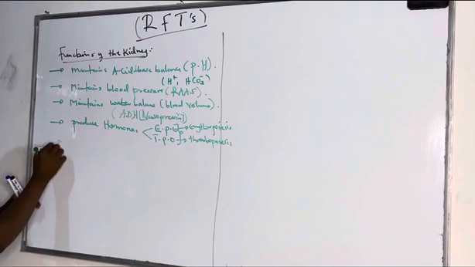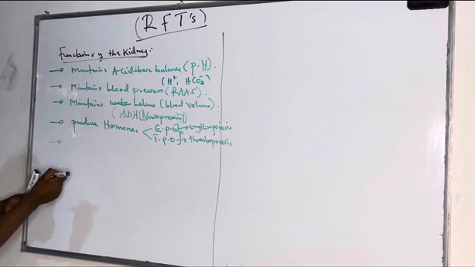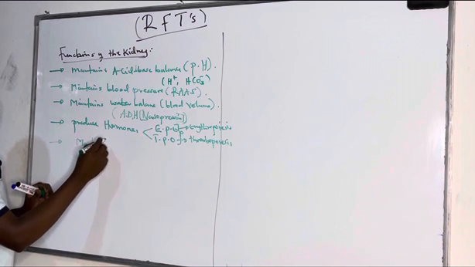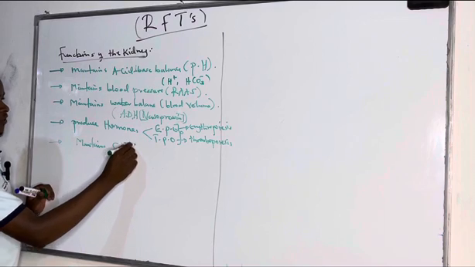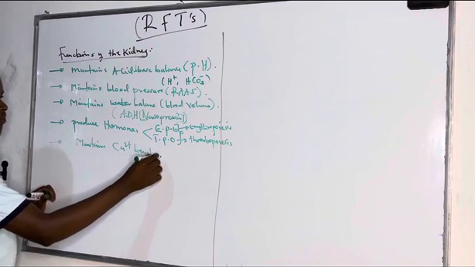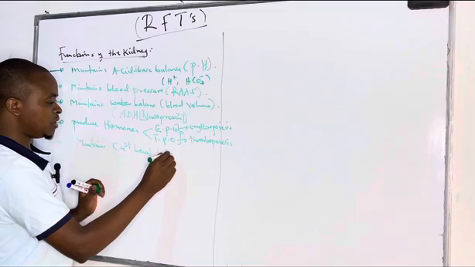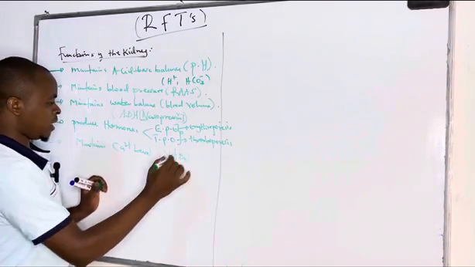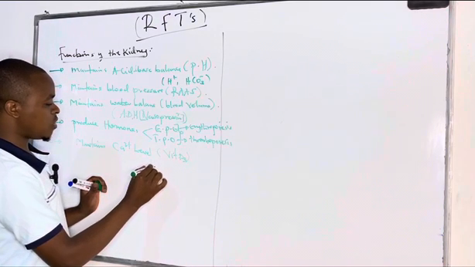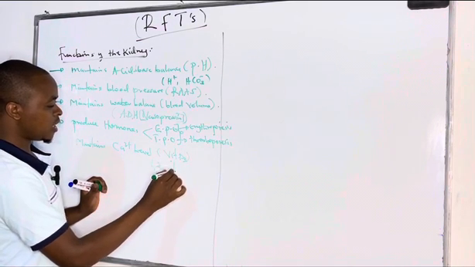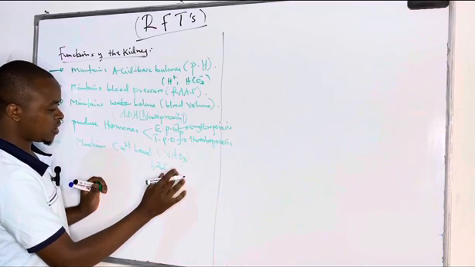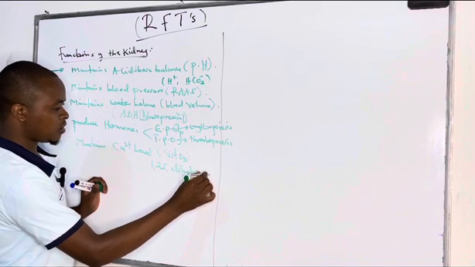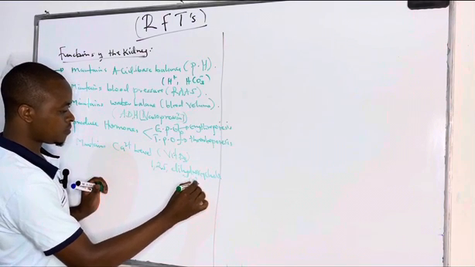This kidney also maintains calcium levels. It regulates blood calcium levels by production of vitamin D3. This vitamin D3 is known as 1,25-dihydroxycholecalciferol.